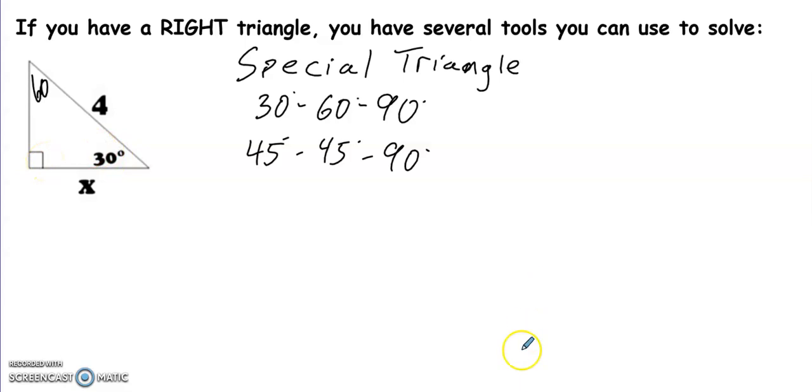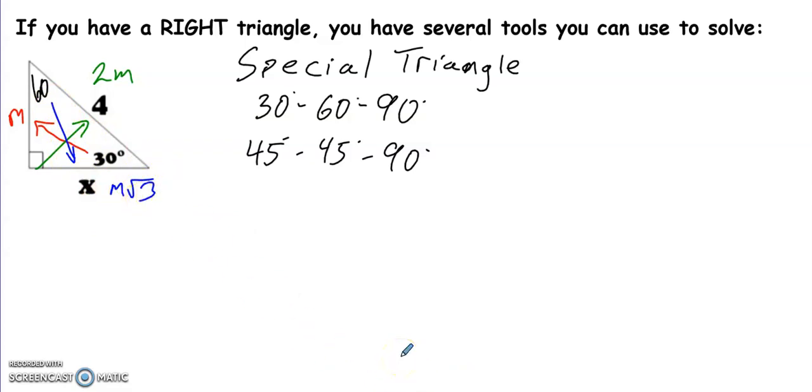There we go. Now, because this is a special triangle, all my sides have a special relationship. Always across from the 30, we call that m. Across from the right angle, that is 2m in a 30, 60, 90. And across from the 60, we say m radical 3. Remember that?